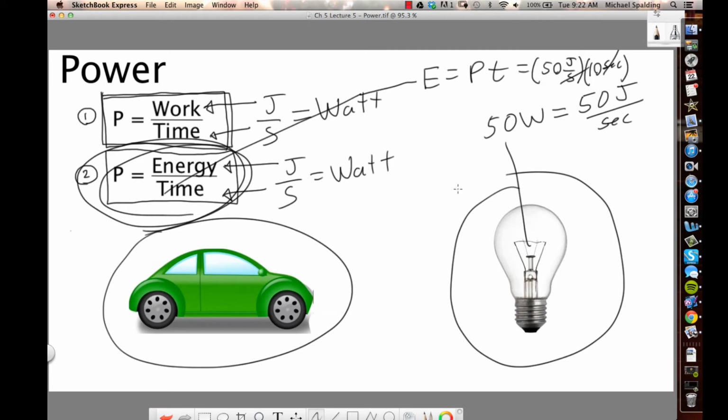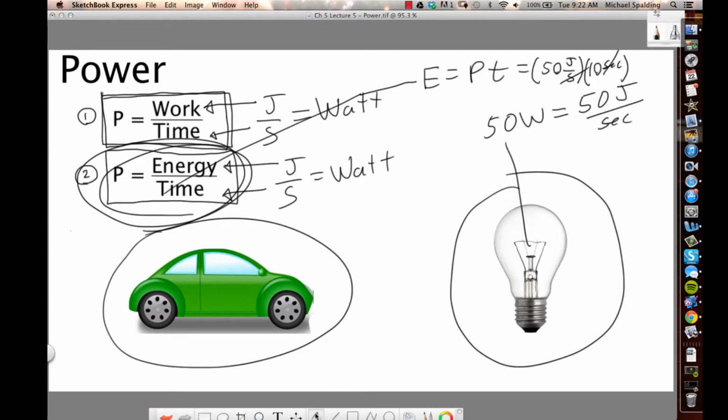So when you get your electric bill from Southern California Edison, are they going to tell you how many joules of energy you used? No, because that'd be ridiculous, right? You're using millions and millions of joules every month in your house, by just turning on your hair dryer, your lights, your TV, your computer, all the electrical devices.